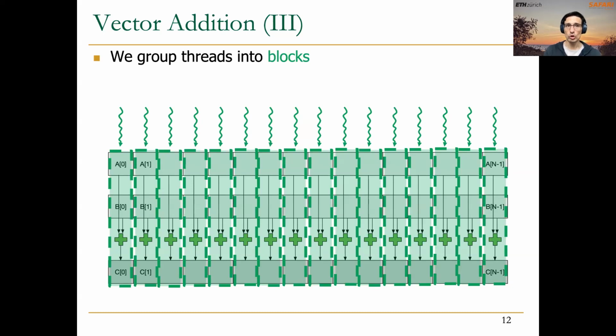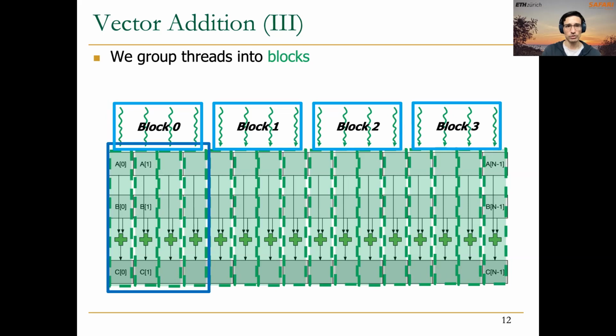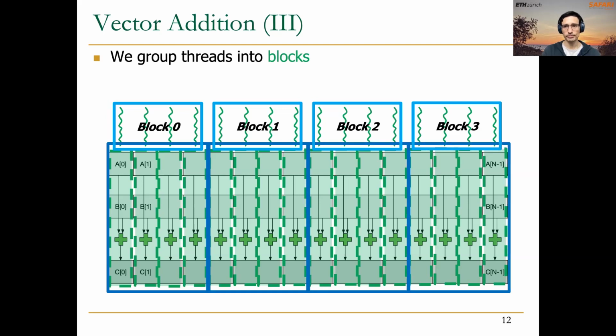So what we do is group threads into blocks. For example, we can consider that these 4 threads belong to the same block, block 0. These are block 1, block 2, and block 3. So block 0 is computing this part of the vector addition, block 1 this part, block 2 this part, and block 3 this part.